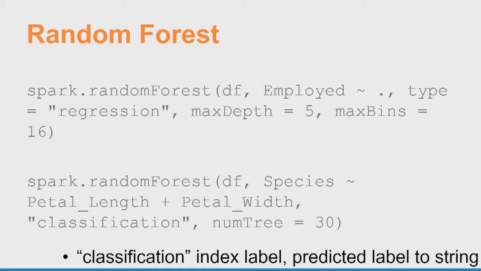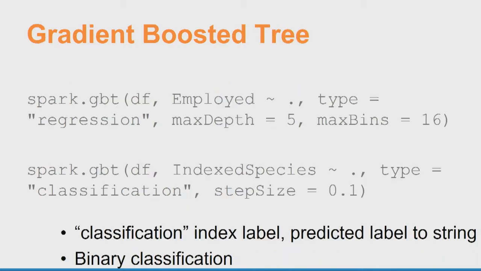With random forest, you can do regression and classification using very similar APIs. You can specify the features using the R formula, again, as you can see here. Classification automatically labels the predicted label back into a string so that it's much easier to read. Another similar tree model you see here is gradient boosted tree.